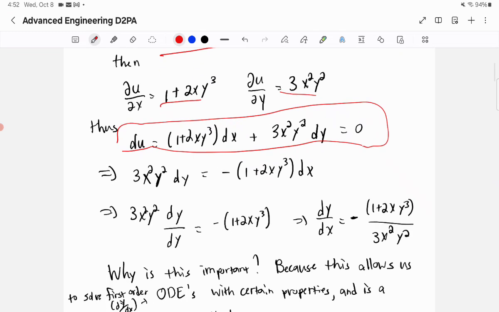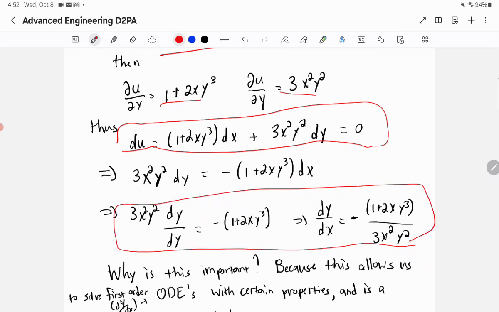Now we can take this further, and we can actually figure out what the derivative dy/dx is. Again, this is quite useful because notice that if you follow this line of reasoning, I can figure out the implicit version of dy/dx here, right?